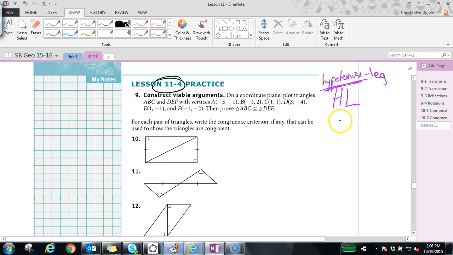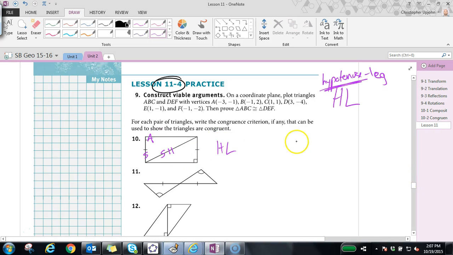Because it's hypotenuse, we have to have a right angle. So it's really angle, side, side without saying it. So that's what we're doing here. So number 10, these two triangles would be congruent by, not angle, side, side, but because that angle is a right angle, by HL.